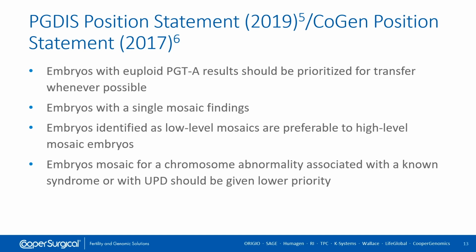Not surprisingly, both societies also recommend transferring embryos with low-level mosaic results over high-level mosaic results. And both societies categorize any chromosome finding that's associated with a known syndrome or a risk for UPD as the lowest priority for transfer.